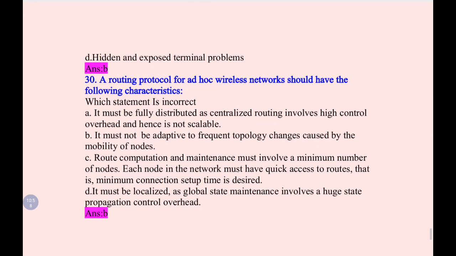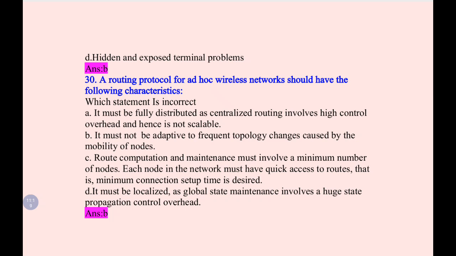And next is a routing protocol for ad hoc wireless networks should have the following characteristics. Ad hoc networks characteristics, routing protocol. So which statement is incorrect? Again you have to say which statement is incorrect. So this is about the characteristics of a routing protocol.